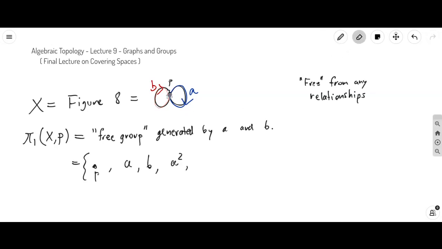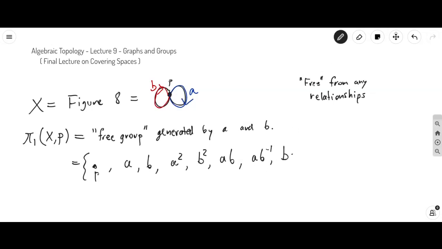A squared would just mean you go around twice. You will have B squared. You can have AB. AB represents the closed path where you go around A first and then you go around B. You can have AB inverse. This one will represent going around A with that orientation, and then B inverse means you reverse the orientation. That would just mean going around like that.